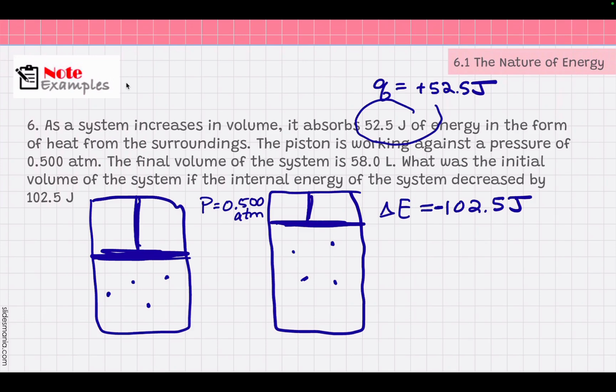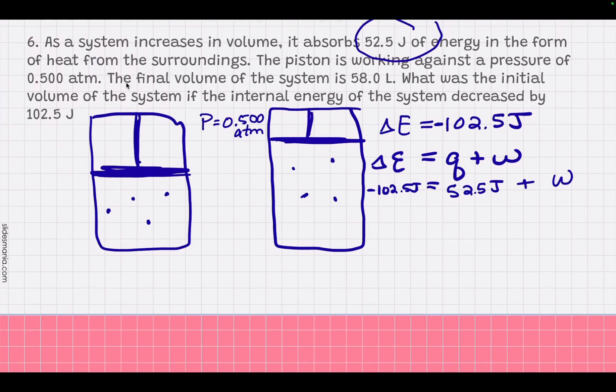So we know that delta E equals Q plus W. We know the value of the delta E. And we know the Q is 52.5. So really what we have to do here is calculate W first. So just the algebra here, I would get the work equals negative 155 joules.